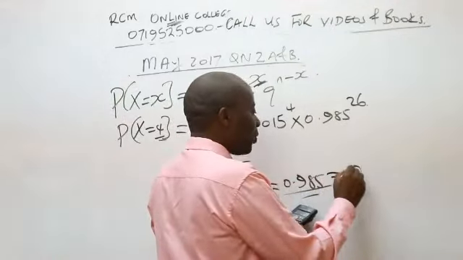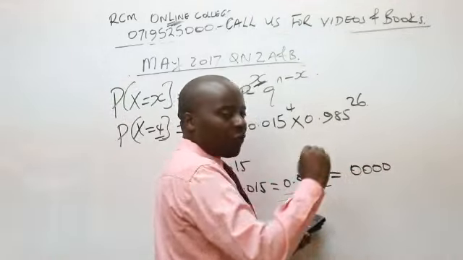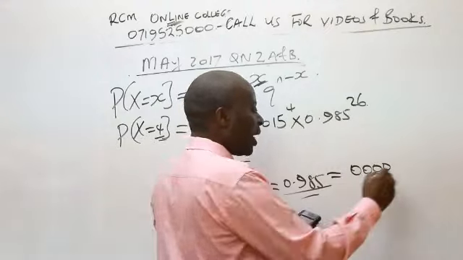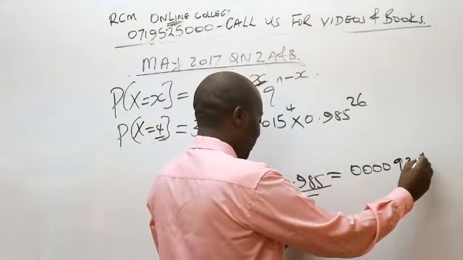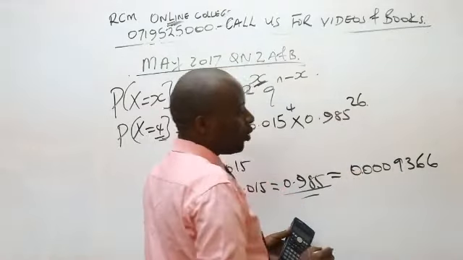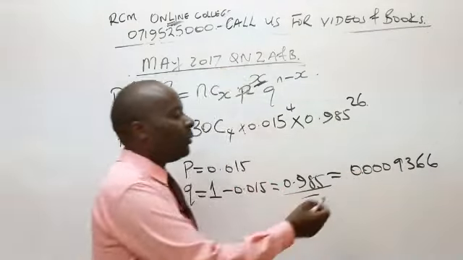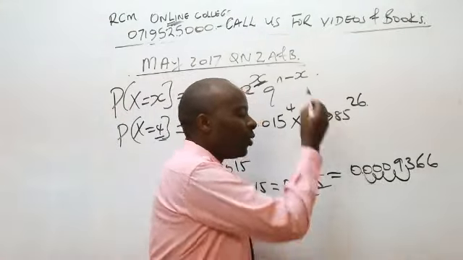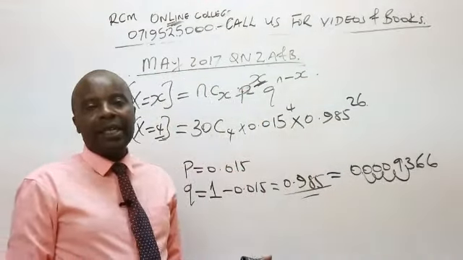It's 4 zeros on the left, and then we have 9366. Between the zeros we put a decimal there, or you count 1, 2, 3, 4, and you still end up at the same decimal place.